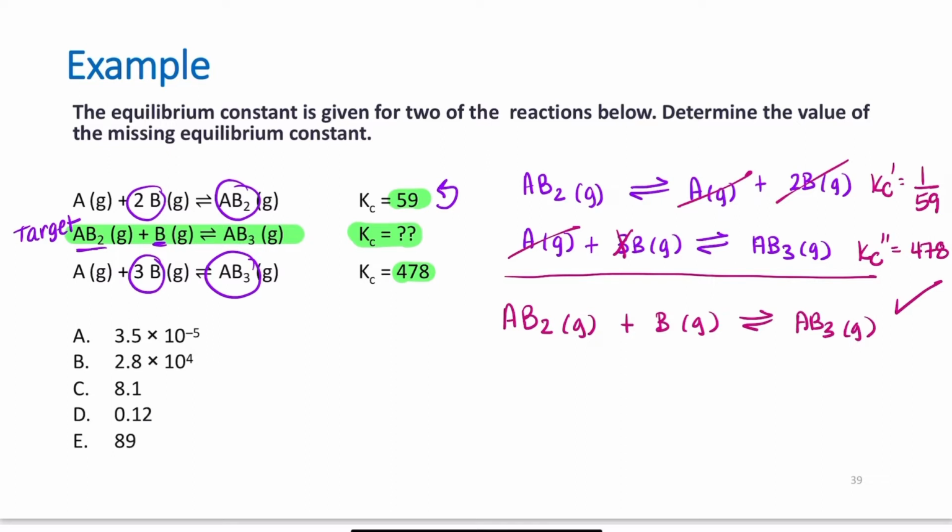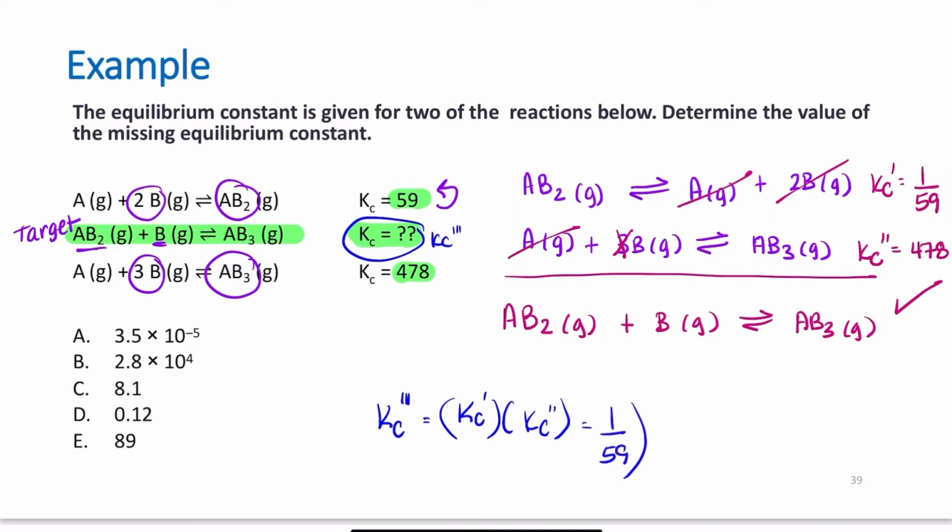Remember, when I add 2 reactions together, I multiply their Kc values. So we'll call this Kc triple prime. This equals Kc prime times Kc double prime, or 1 over 59 times 478. That gives me a value of 8.1. And our answer is C.